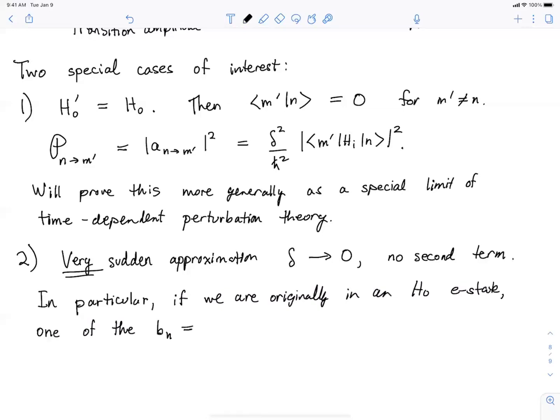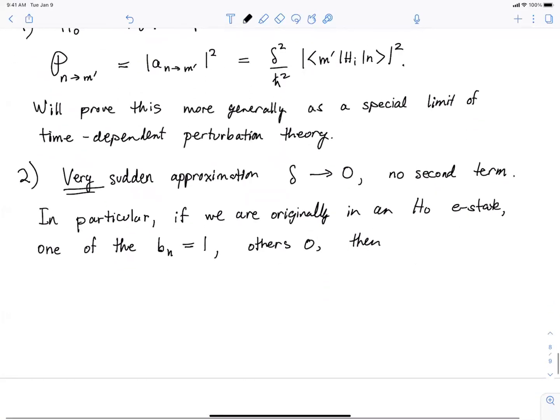In fact, one of the Bn's will be just 1, and all the others will be 0.